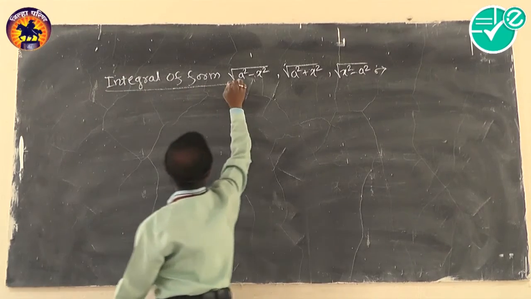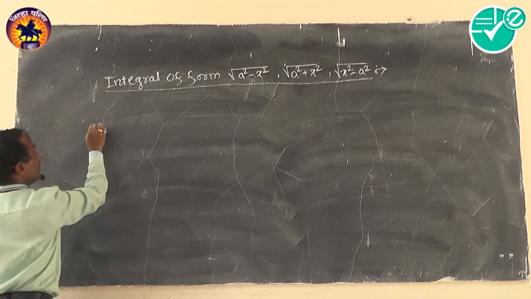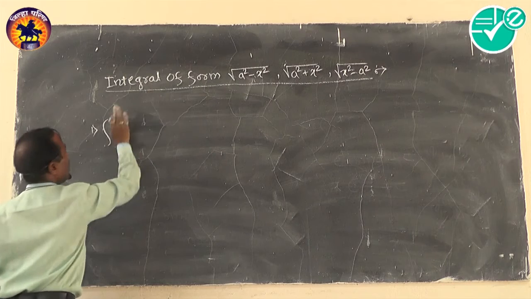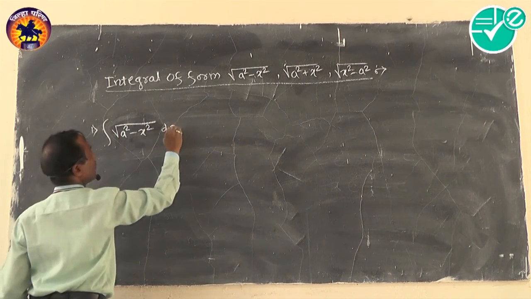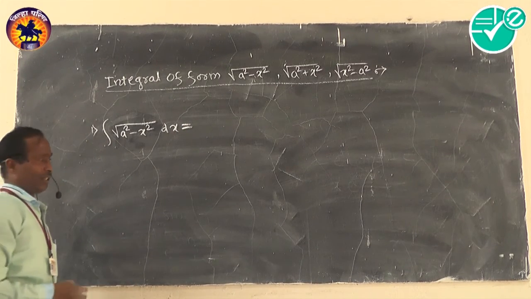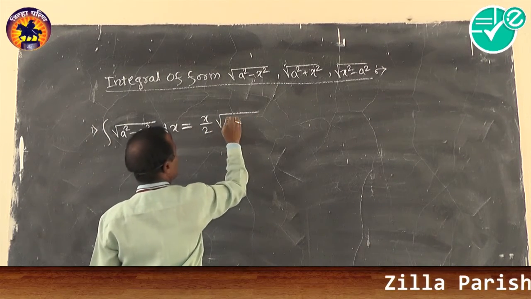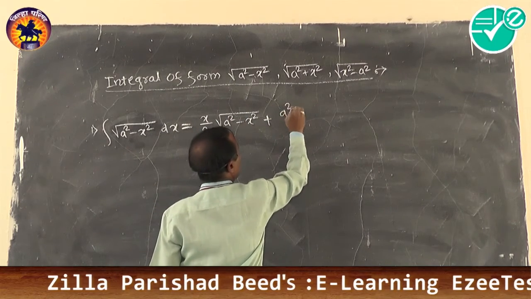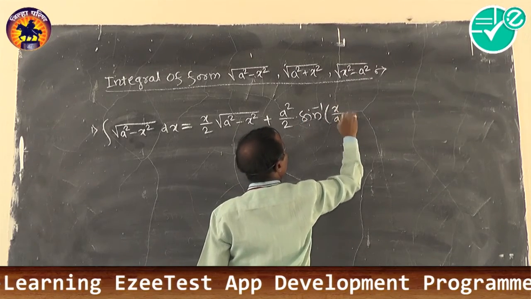Now we want to take the results only, not necessary to take the examples on it. First, integral of root a square minus x square dx is equal to x by 2 into under root a square minus x square plus a square by 2 into sine inverse of x by a plus c. We prove all these by using integration by parts.